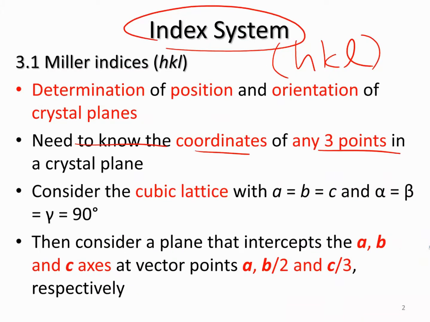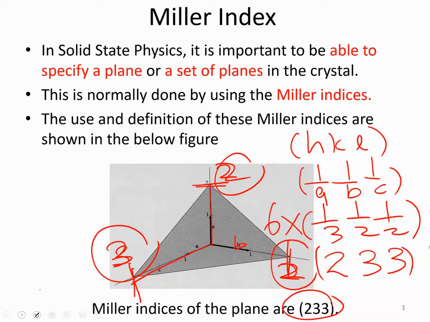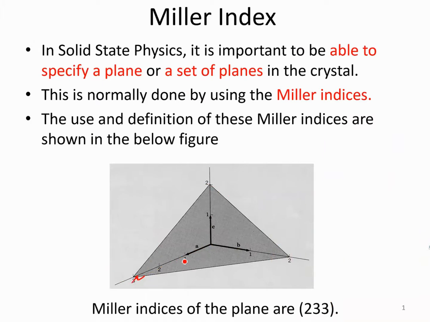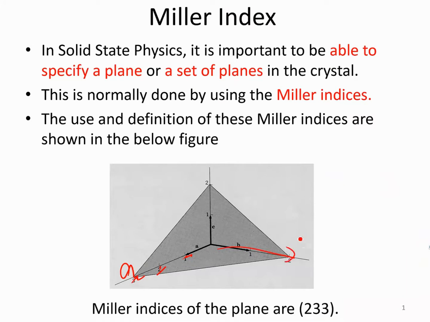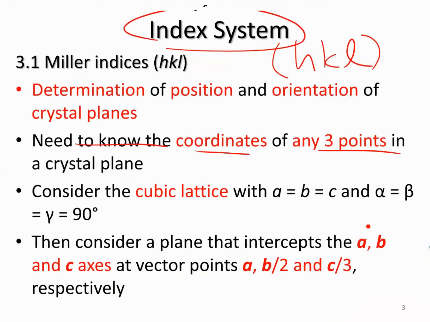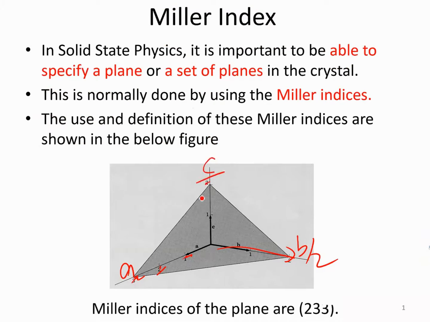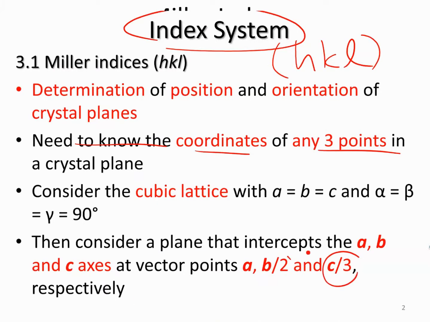So consider the cubic lattice with A equal to B equal to C, and all the angles equal to 90 degrees. Then consider a plane that intersects the A, B, C axes at the points A, B over 2, and C over 3 respectively. So now you have point A, then B is B over 2, and the other point is C over 3.